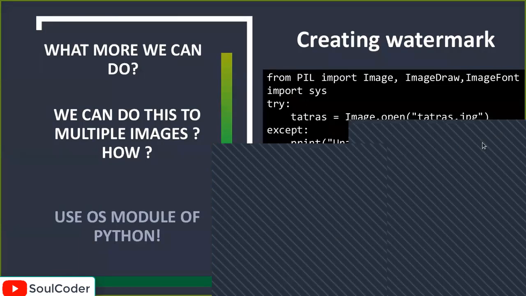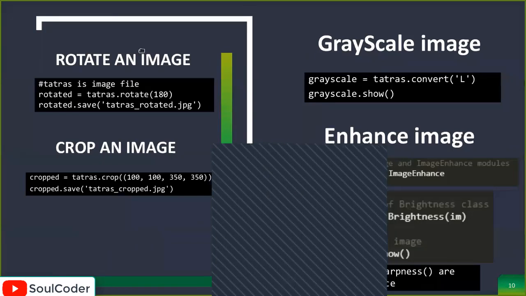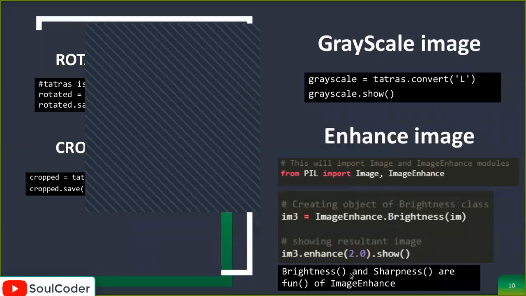Here, if you look at it, Aisha, the brightness function; we described our functions. In programming, when we want to say this is a function, we just write fun and two brackets. So brightness and sharpness are the functions, while ImageEnhance is a class imported from the PIL library.